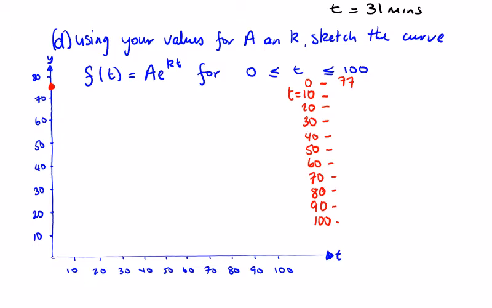So when t is 10, it's going to give me 55. When t is 20, it's going to give me 39. 30 is giving me 28. 40 is giving me 20. 50 is giving me 14. 60 is giving me 10. 70 is giving me 7. 80, it's dropping to 5. 90, it's dropping to 4, and it's slowing down. 100, it's dropping to 3.